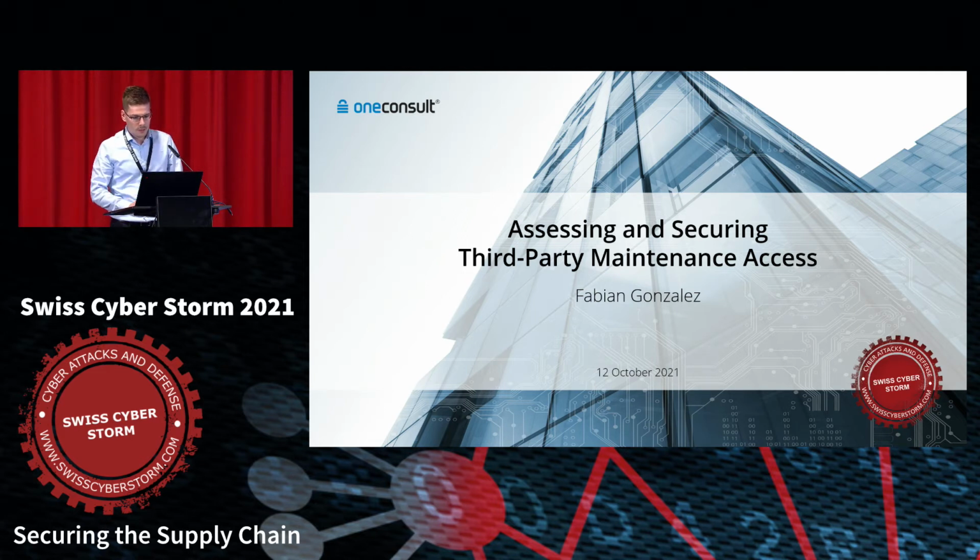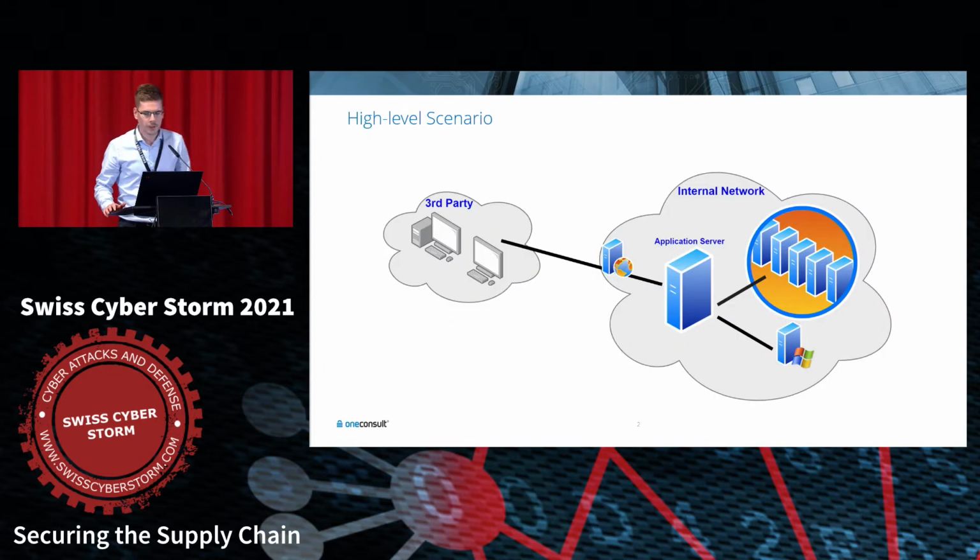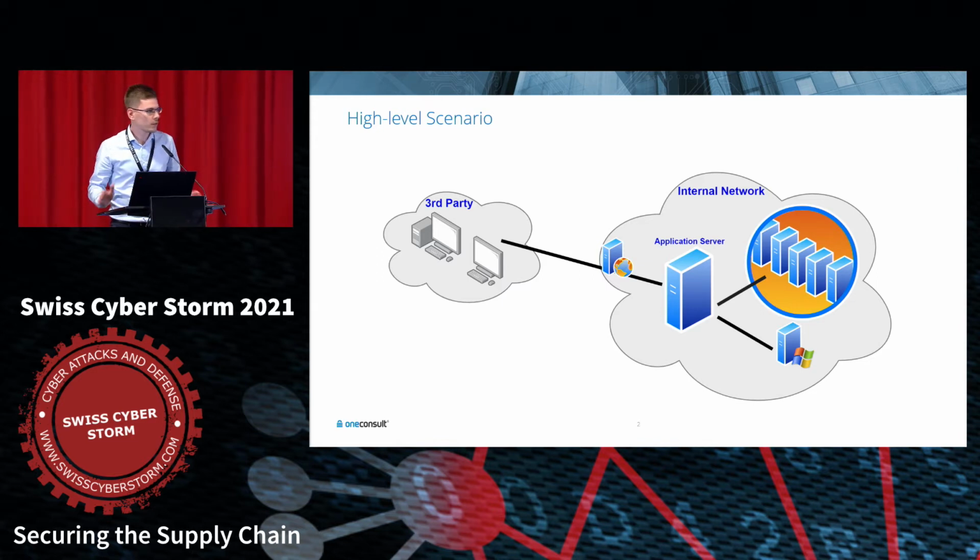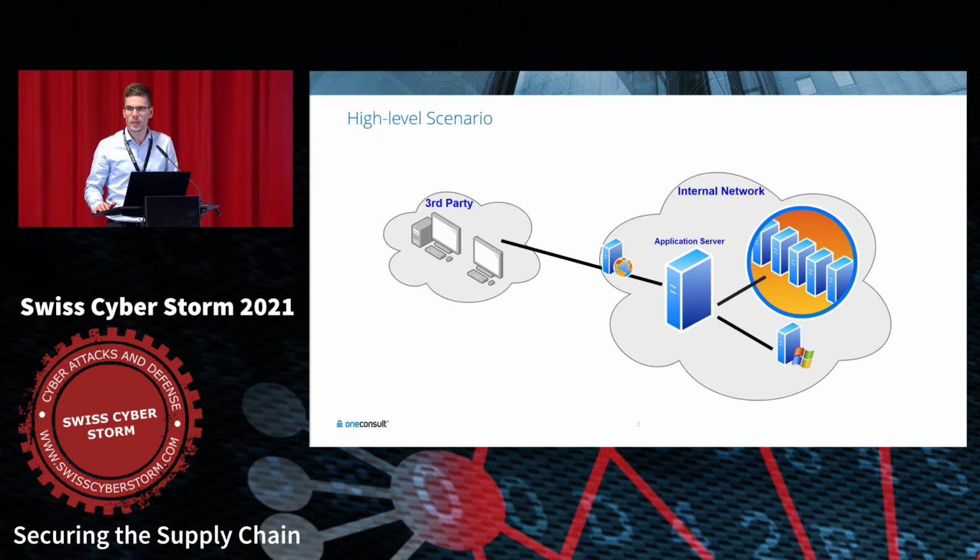So let's move to the high-level scenario. This is a high-level scenario that we will use during this talk to show you some risks and measures about third-party maintenance accesses and also to discuss it. So imagine there is a third-party provider that has access to an application server which is in the internal network and managed by the internal IT department.